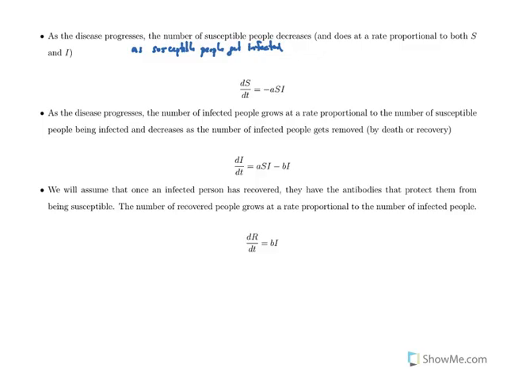So this is like the idea of encounters in the previous video, where now you have susceptible people and infected people, and you can think about predator and prey. The infected people infect the susceptible people and turn them into infected. So this is like the idea of the encounters in 9.6.